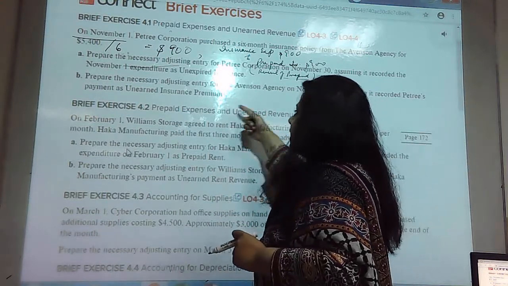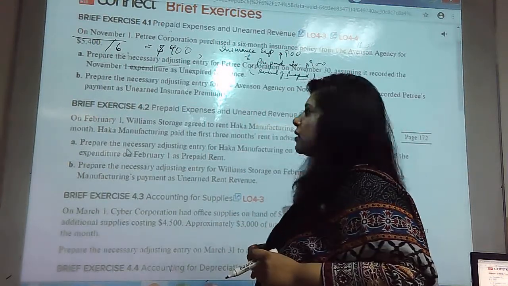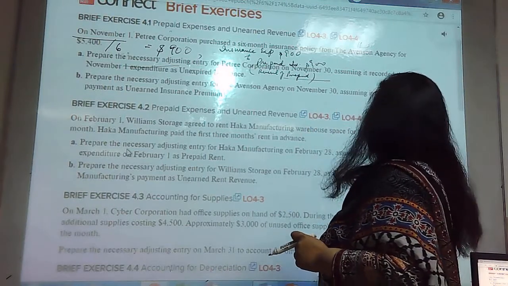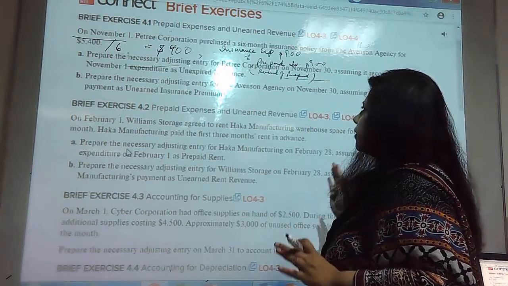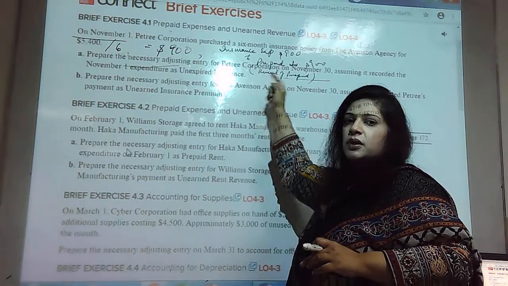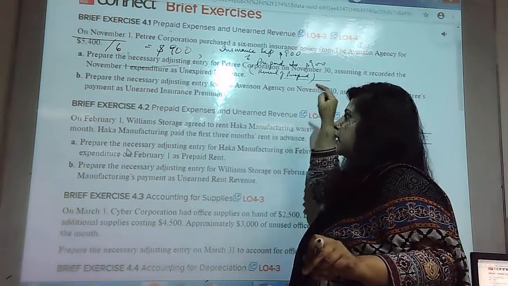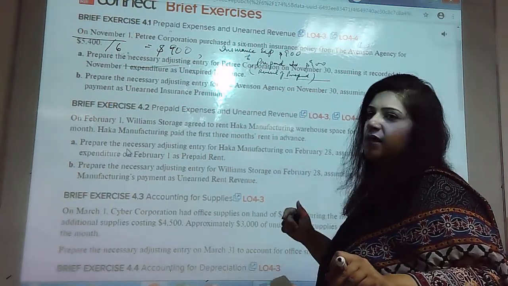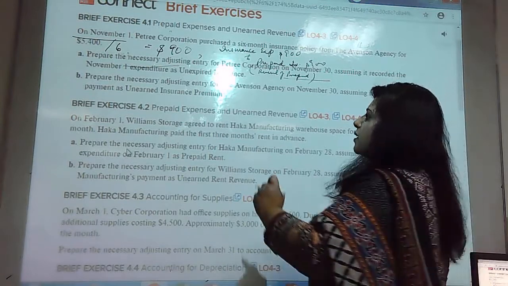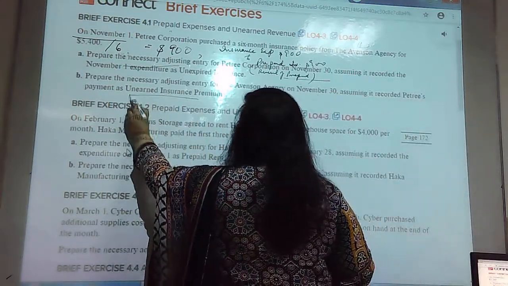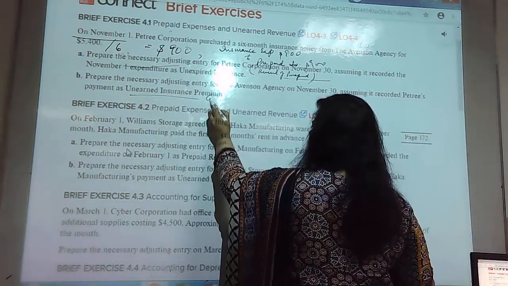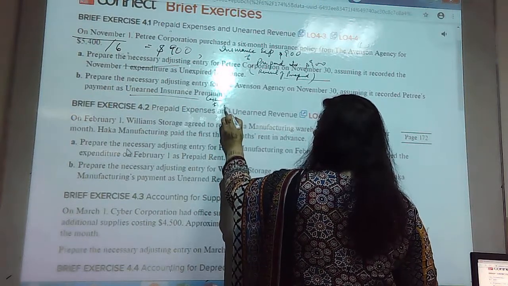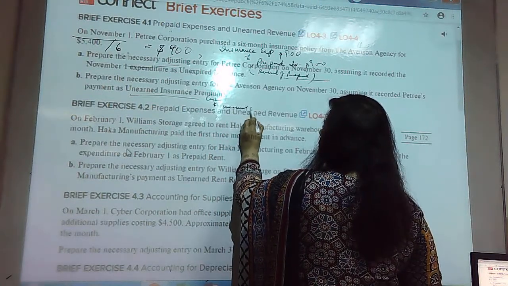Now part B says that you have to prepare the necessary adjusting entry for the Evans Agency. Okay, now there are two things. One is the Petrie Corporation. You are the Petrie Corporation. Evans is the one who received. So when he received something in advance, the original entry was cash to unearned revenue.